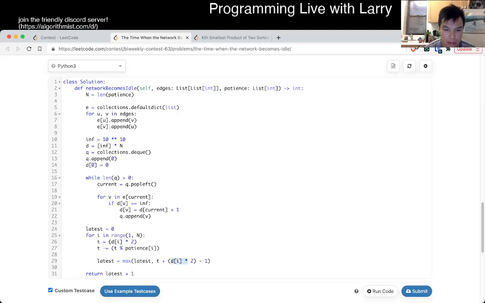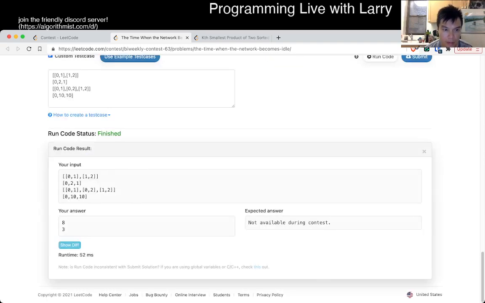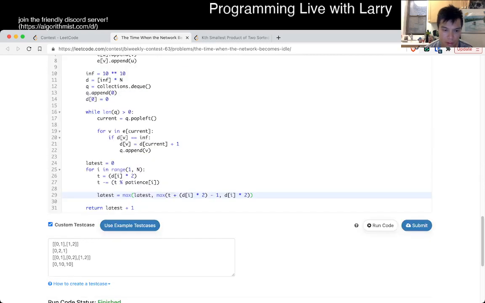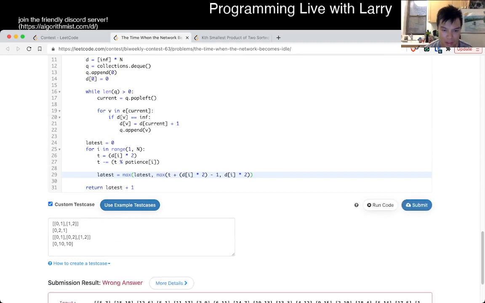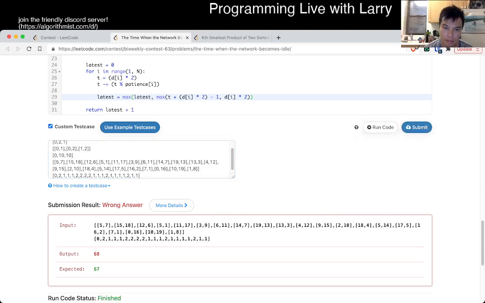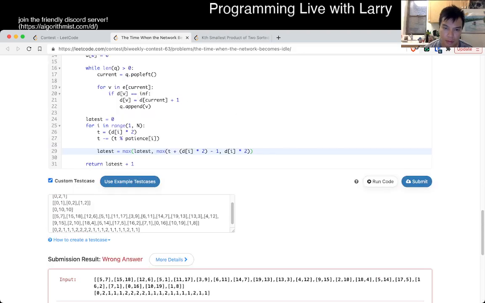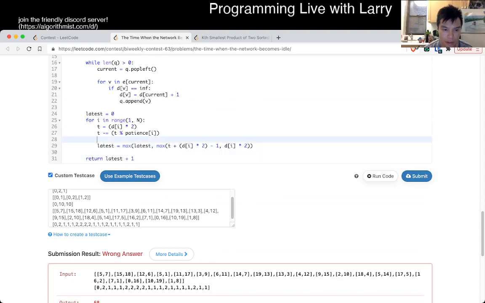Oh, it's this. It's either this or the distance times 2. Okay. I think this is right. We'll see. Well, that's hard to debug.